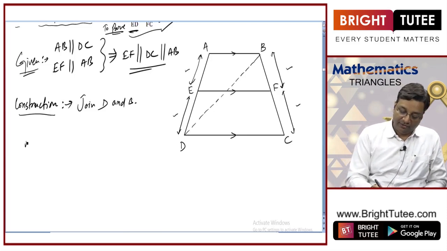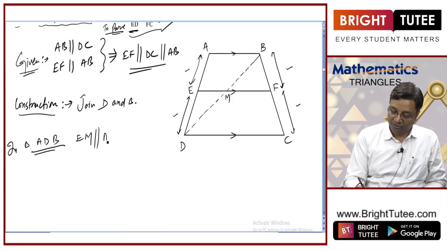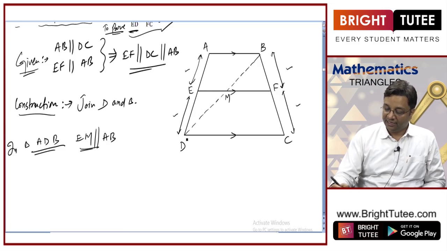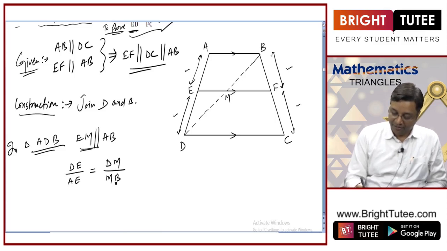Now look at the triangle ADB. In triangle ADB, if I name it M, EM is parallel to AB, right? What does it tell me? That if EM is parallel to this side AB, then it will divide the sides DA and DB in the same ratios. So what I can say from here is that DE by AE is equal to DM by MB.